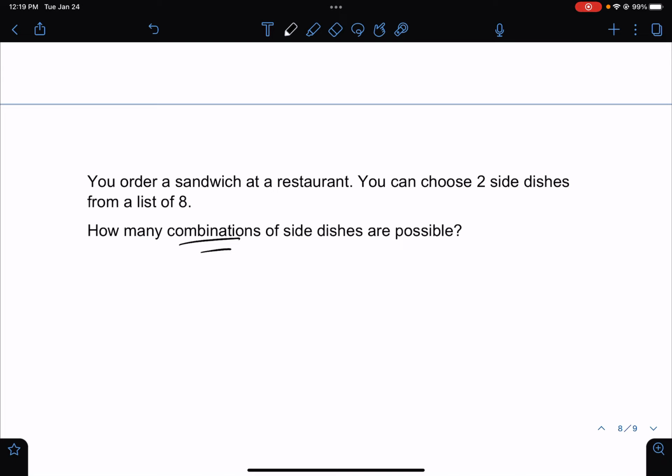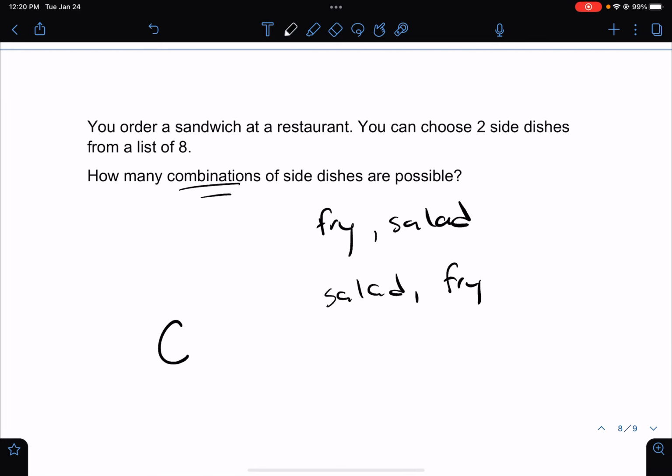So if I'm picking what sides I want to go with my meal, and I've got 8 choices, and let's say that I pick French fries and a salad as my 2 sides. If I were to pick it in the other order, a salad and a fry, I'm still getting the same 2 sides. So the order that I pick them doesn't matter because I still get both of them. So this would be a combination.